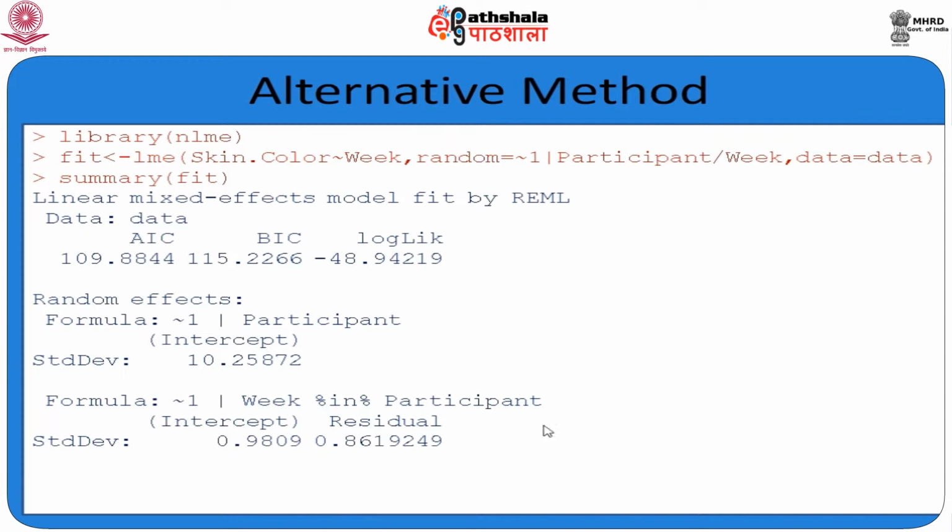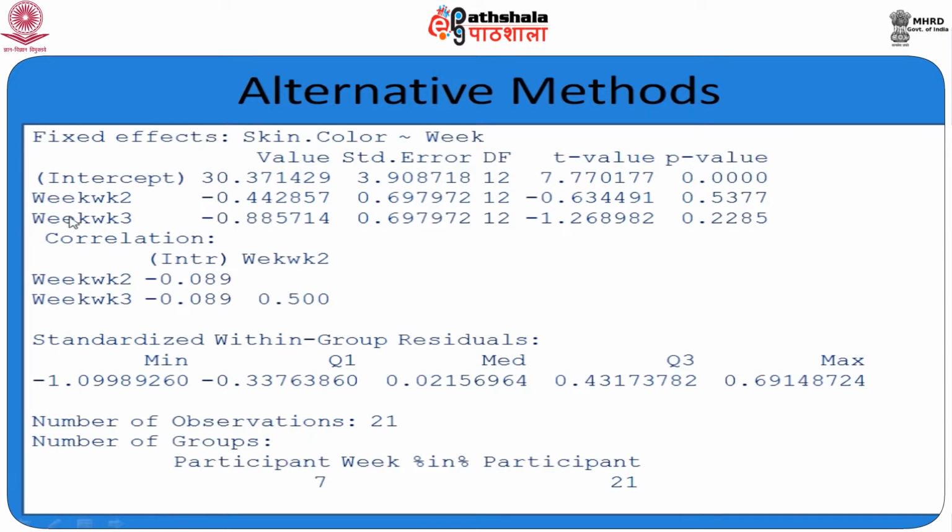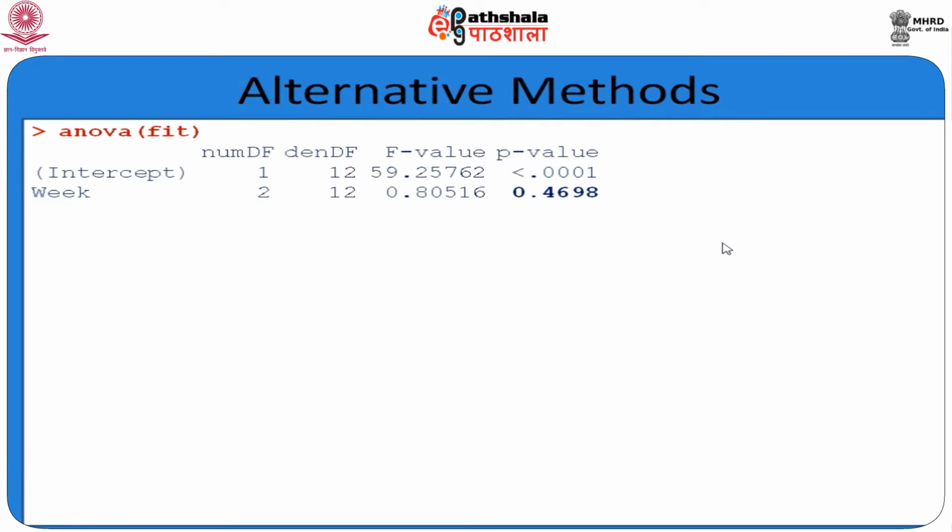There would be the random component, that is the variance component values, and here would be the beta, the fixed effects beta that would be available. And if you might be interested in the ANOVA table, just within the anova function you pass that lme object fit, that will generate the ANOVA table. Here also it is indicating that the week effects are not significantly different.